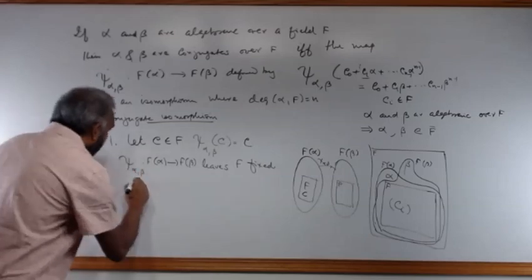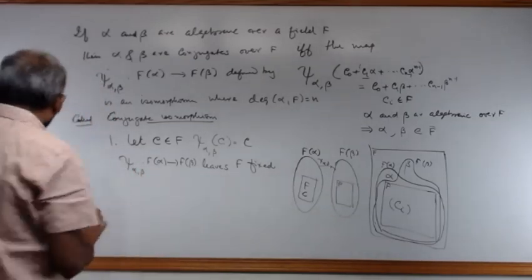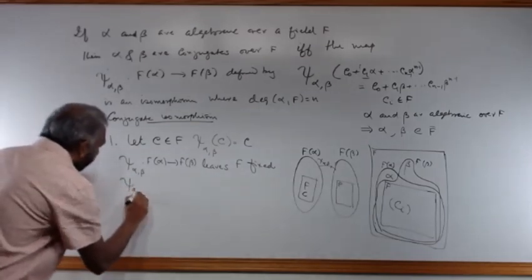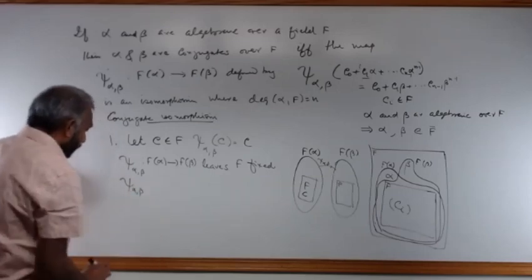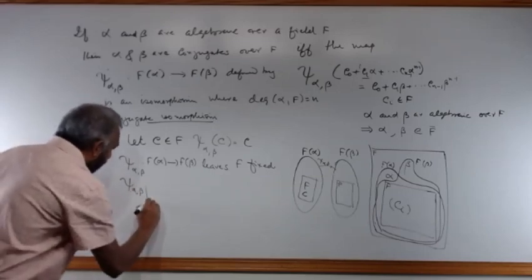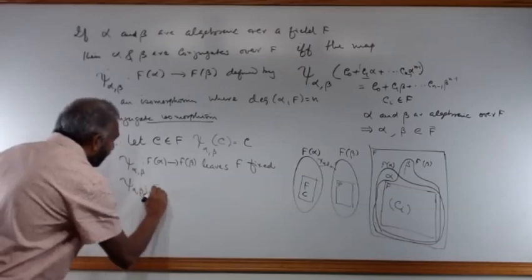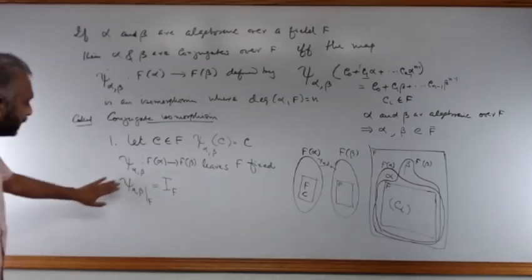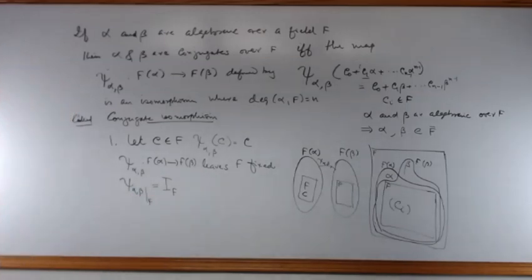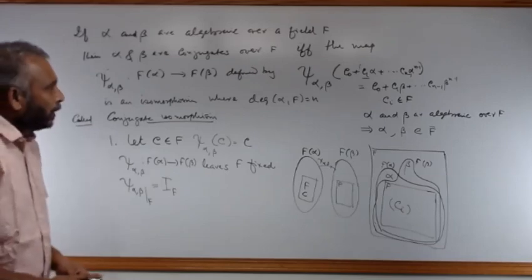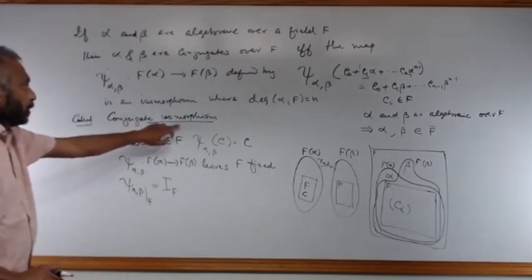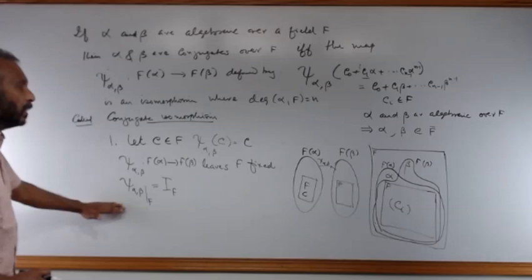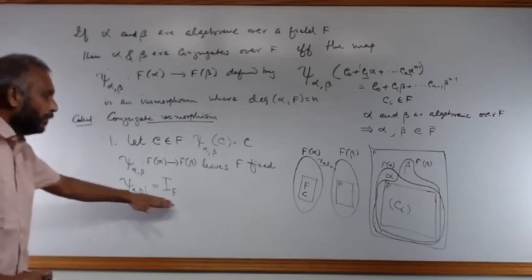So in other words, you can say psi alpha beta restricted to F is the identity map. That is one property of the conjugate isomorphism: it leaves the base field unaltered. It won't alter any elements there.